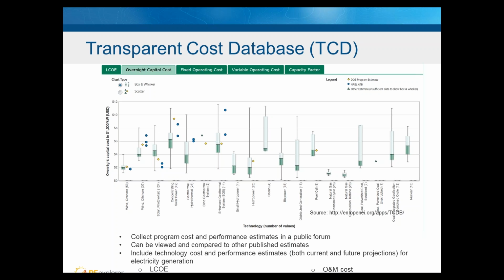Let's say you want to develop a solar project, a wind project, or a biomass project. These costs will help with the economics in the future, and any developer can use this cost data as a reference.